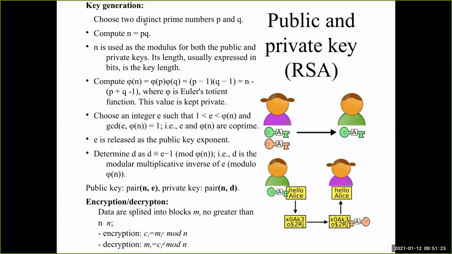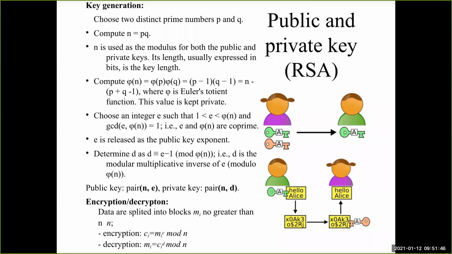So we have two prime numbers. These numbers are large, so they can be about 128 bits. So they are large, and they are not easy to guess. Okay.